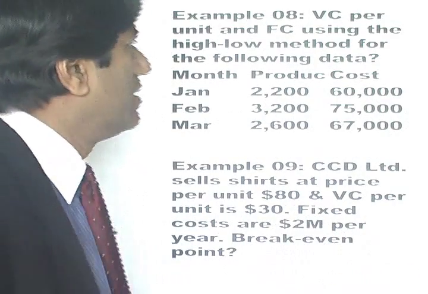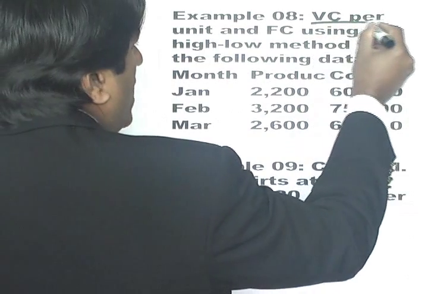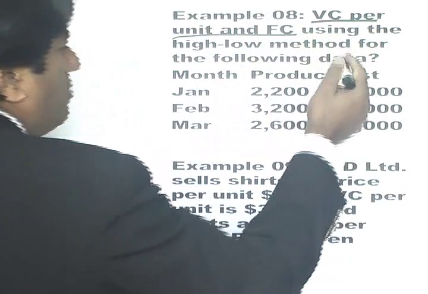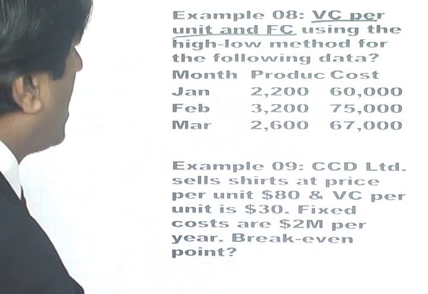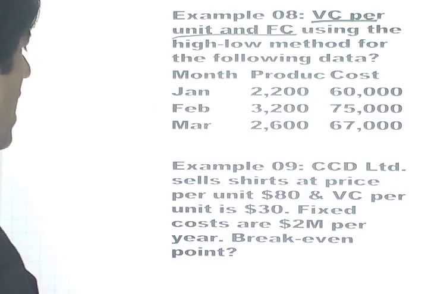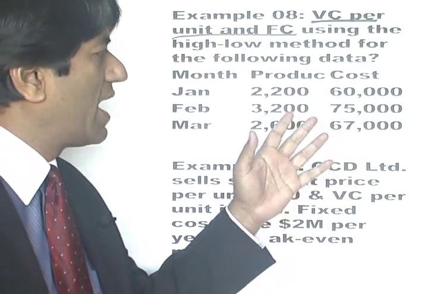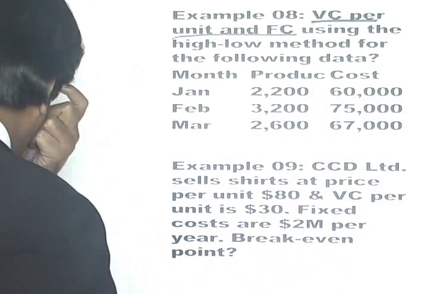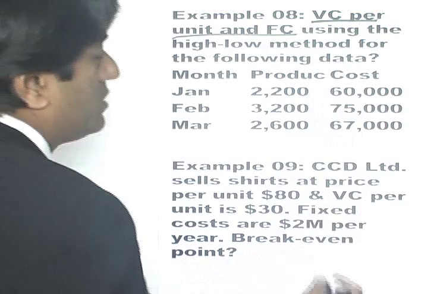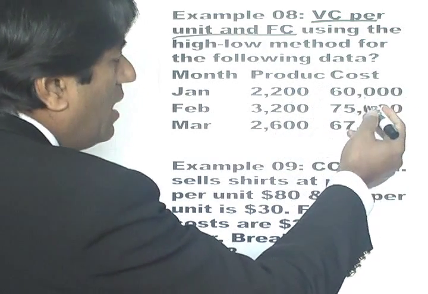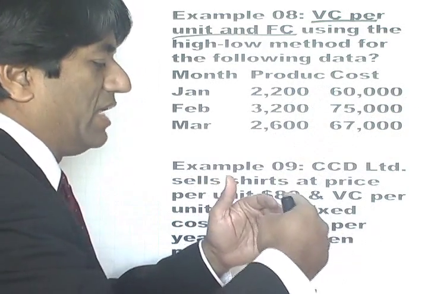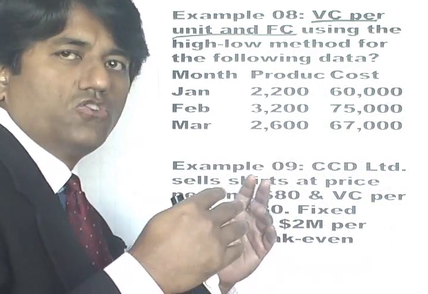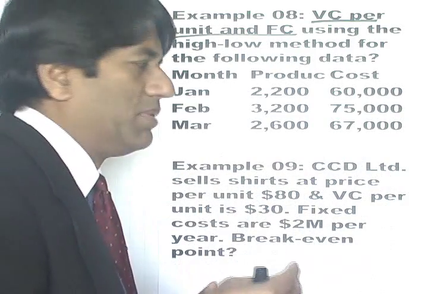Here we have a question in which the variable cost per unit and fixed costs are to be calculated using the high-low method. In the high-low method, what you do is you look at the highest production and the lowest production, and you use those numbers to calculate the difference in production and cost, and then you take the ratio to find the variable cost.